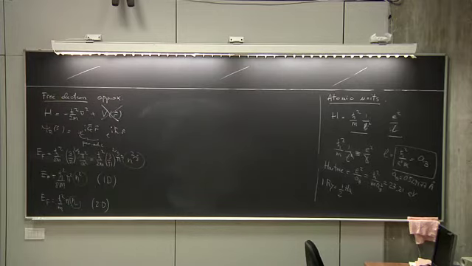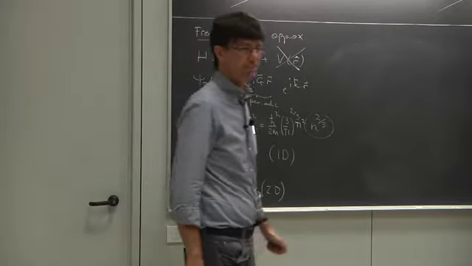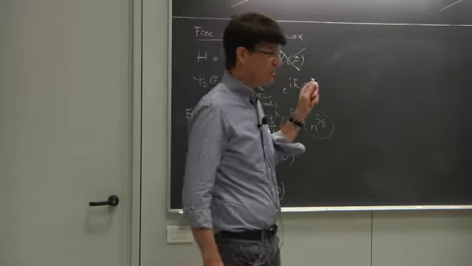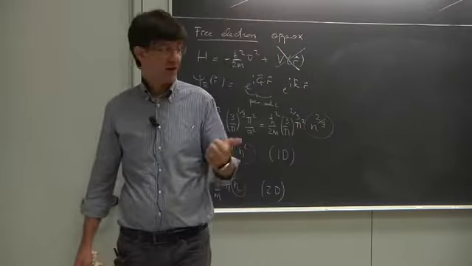Any question about the free electron approximation? Right. So it's the one that we derived for. We actually derived it for 1 electron per unit cell and for a simple cubic lattice.